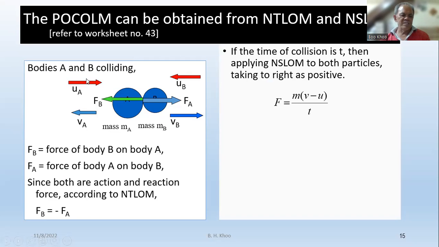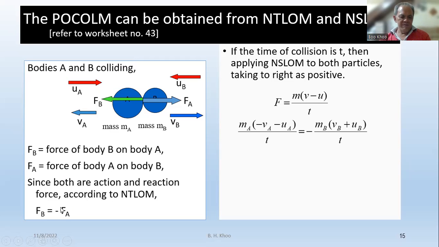Looking at this velocity, this is MA into the initial speed, in the positive direction. The final one is not positive anymore, it is in the negative direction, so put a negative sign there.